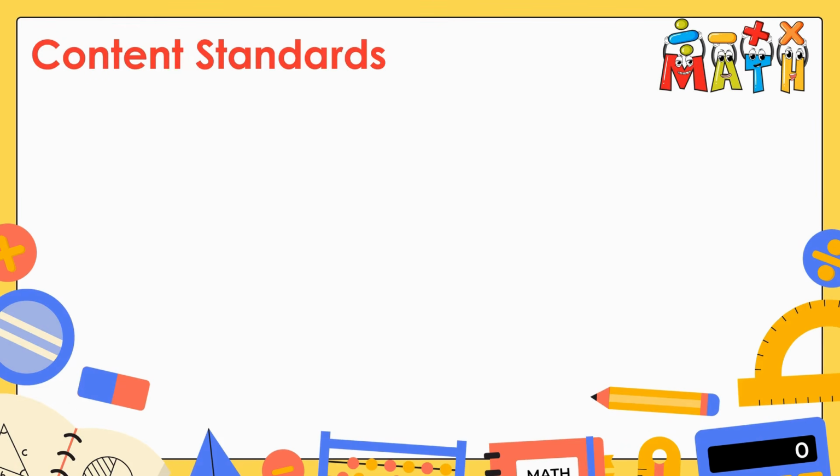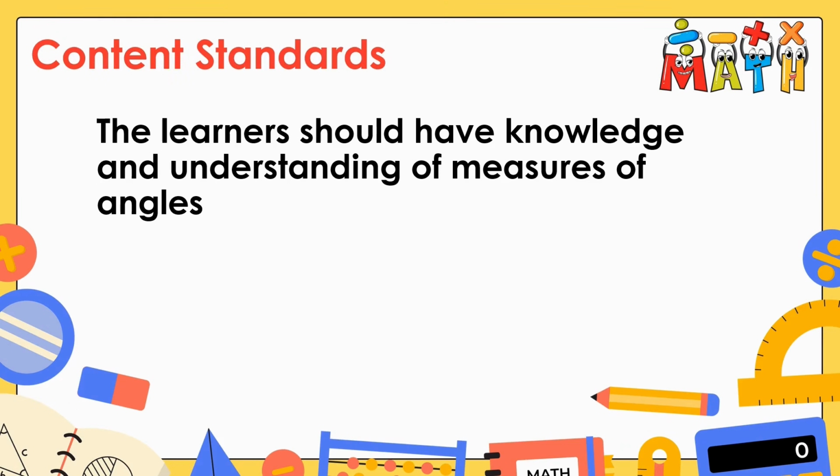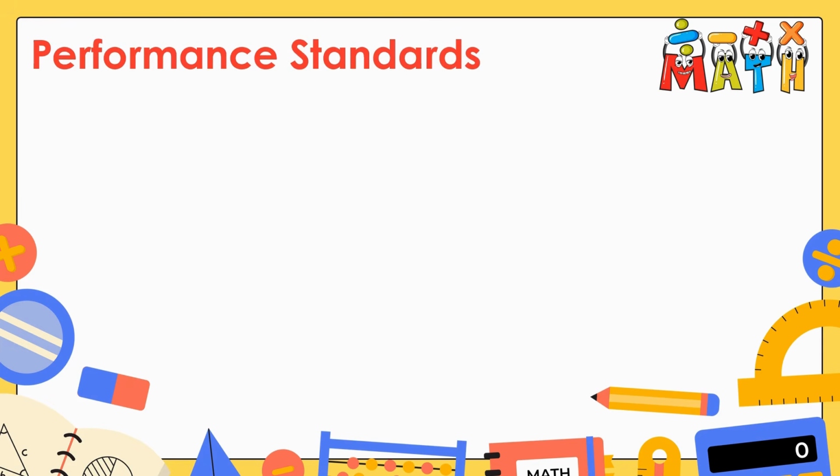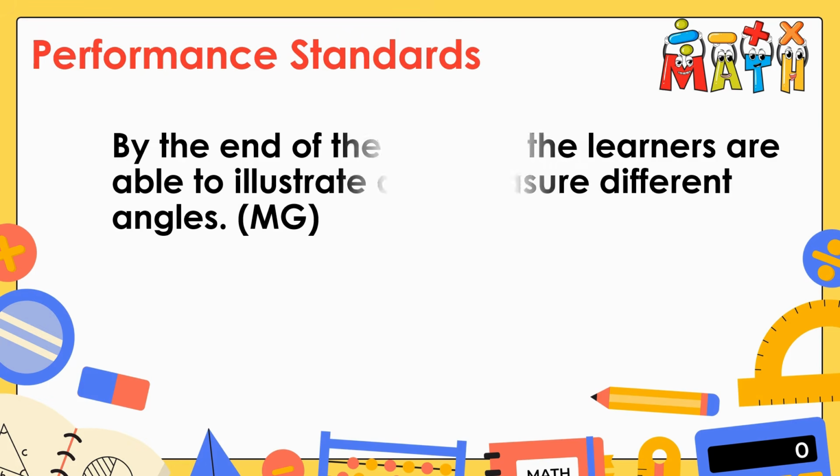For our content standards, the learners should have knowledge and understanding of measures of angles. Performance standards. By the end of the quarter, the learners are able to illustrate and measure different angles.